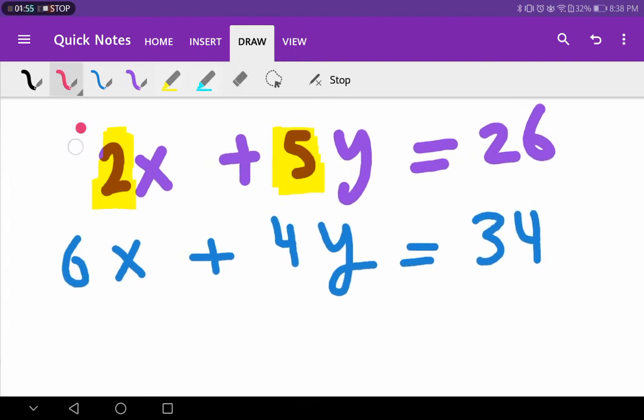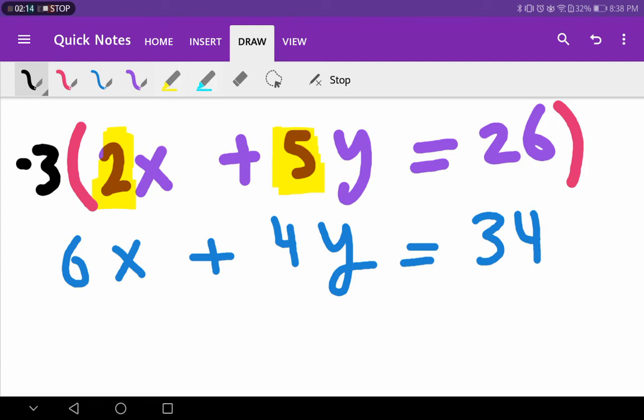Now the second one, clearly I will multiply by 3, but be careful to make sure they have the same number, I mean the x here, and with a different sign, so I multiply this by -3.